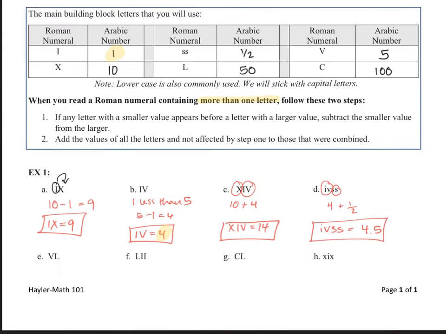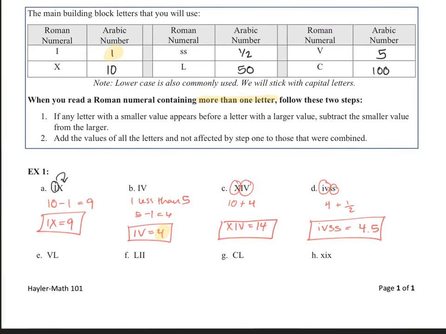And then let's take a look at the last ones. So VL. Is V smaller than L? Well, V is 5 and L is 50. So yes, it's smaller, which means we're going to do the subtraction. This is saying I want 5 less than 50.